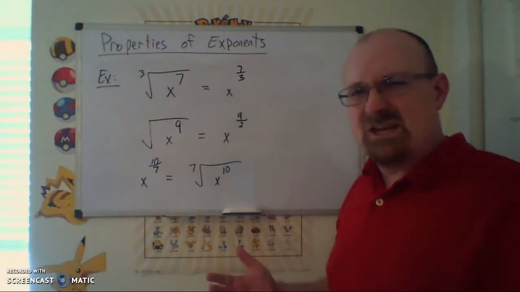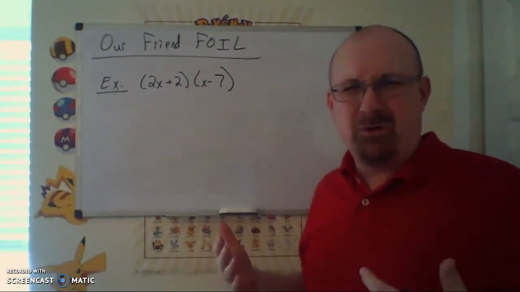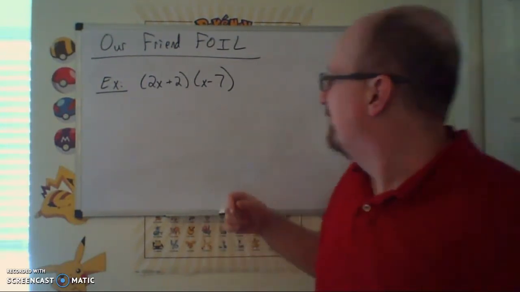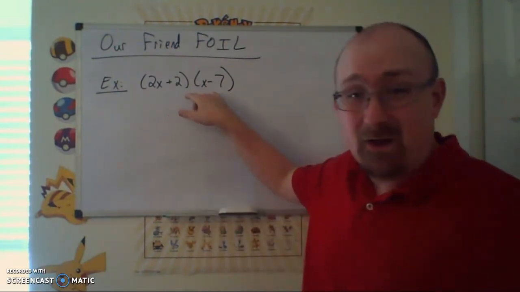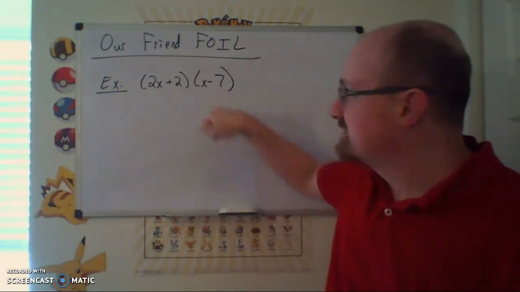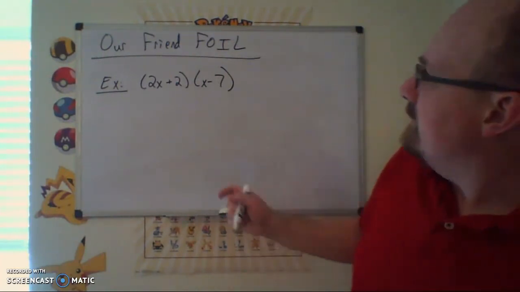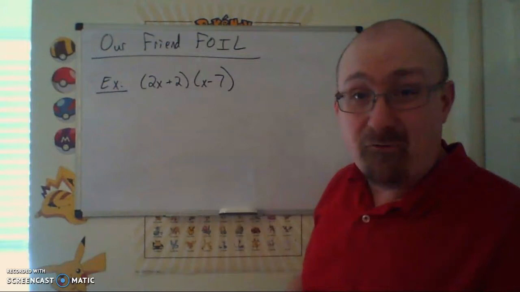So let's take a look at something else. In this example, we don't really need those properties of exponents quite so much, just a little bit. But the bigger thing I wanted to come back to is what we have to do if we're multiplying together what you would call a binomial expression, where we have two terms linked with an addition or a subtraction symbol. I've mentioned this. I described, as you can see in the header, our friend FOIL.